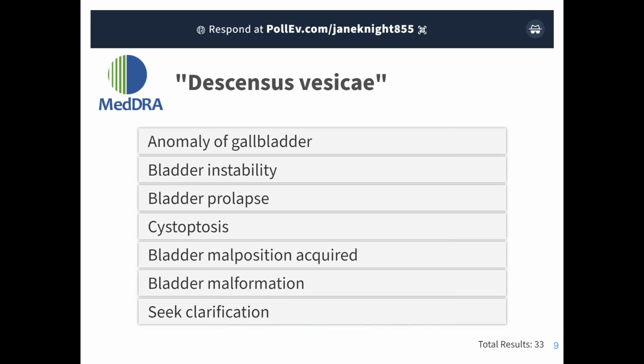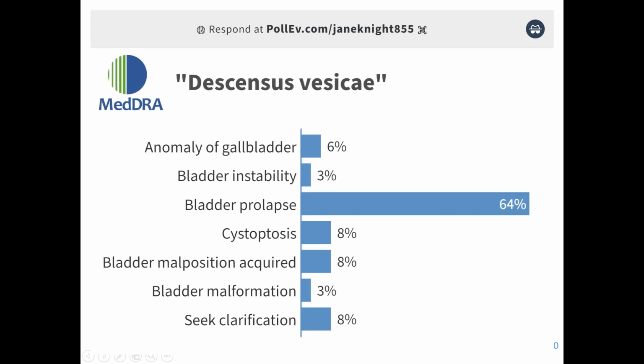And you will have to clarify what the meaning is. Now let us check what you're going for. Bladder prolapse is a favorite, but we really have a split of opinions here with regards to the other LLTs that were proposed. But bladder prolapse seems to be the preferred solution for this verbatim.